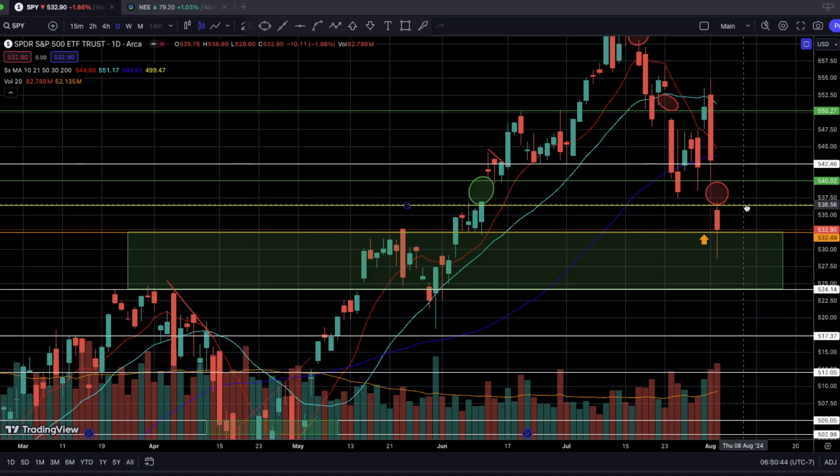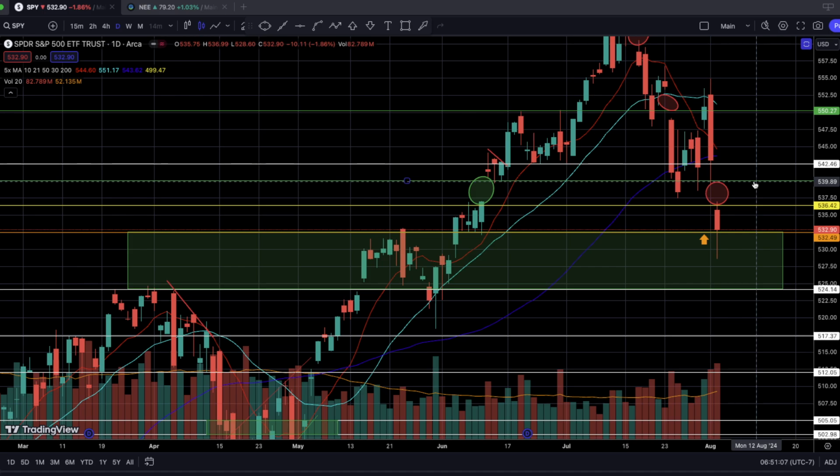Again, we need to be a bit conservative here with our targets for any upside targets due to all that rapid selling that we saw last Thursday and Friday, along with volume. So maximum, I would say 540 could be a possibility this week, since again we will be seeing a potential inside weekly candlestick.